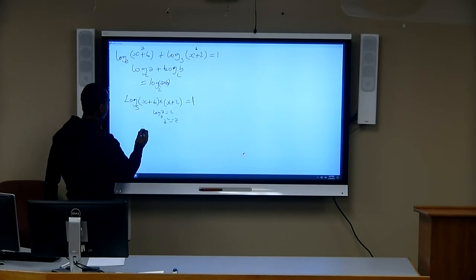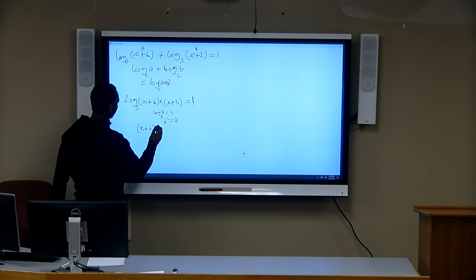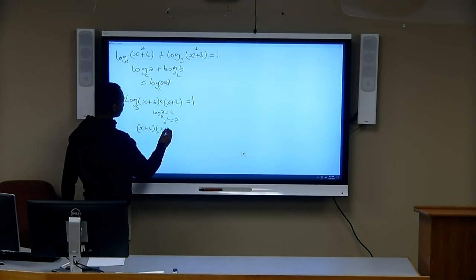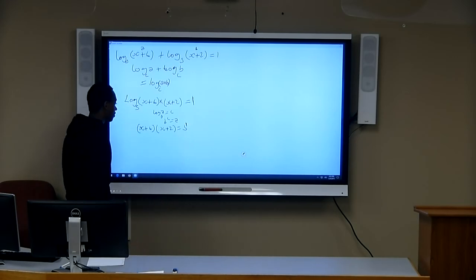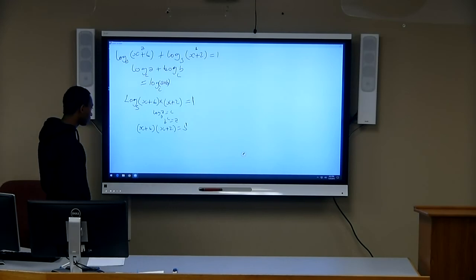So this is going to be x plus 6 times x plus 2 is equal to 5 raised to the power 1, which is the same as 5.